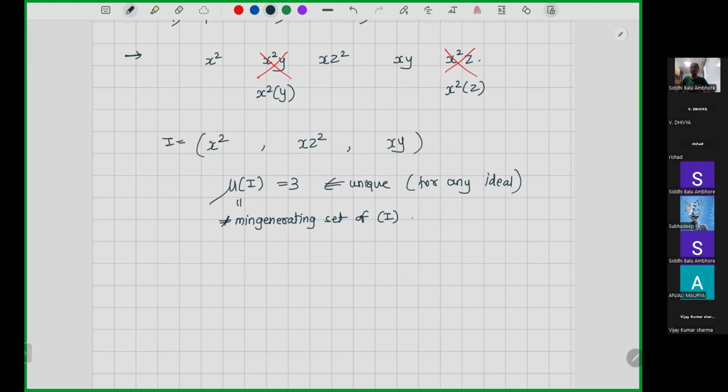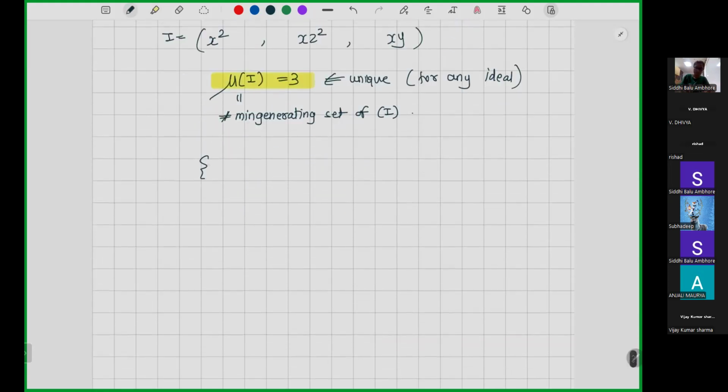I want to associate the cardinality of the minimal generating set for an ideal without giving the generating set. That's why, yes, the cardinality of the minimal generating set is always independent of order, because it is like the minimum of the cardinality of G such that G is a generator of I, right?